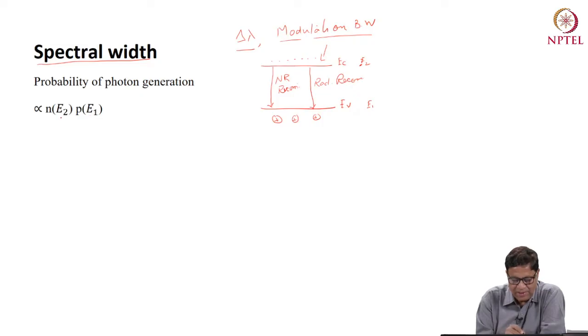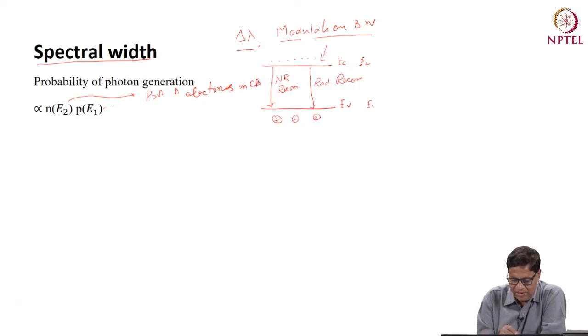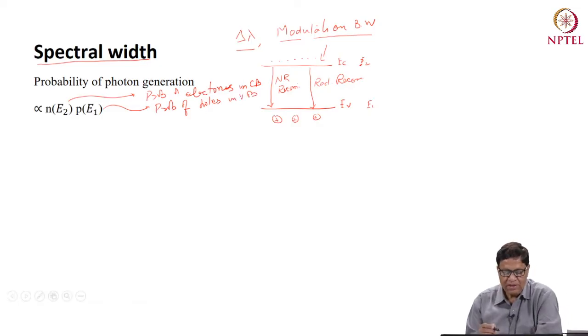Ne2 means the probability of electrons in the conduction band, and Pe1 is the probability of holes in the valence band. So for photon generation, you should have electrons and holes.